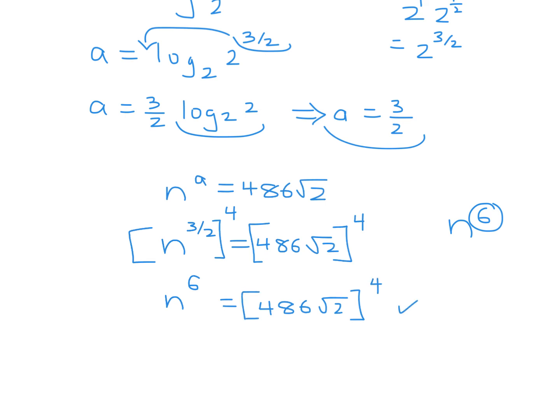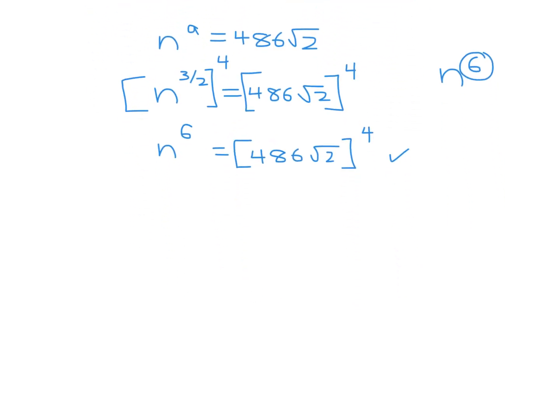This is correct. Now, whether they accept it in this format or not, I don't know. If you want, you can make it into a more pretty format. I don't think it's necessary, but let's just say you want to do that. 486, I believe, is 2 times 3 to the power of 5, and root 2 is, of course, 2 to the exponent a half, all to the power of 4.